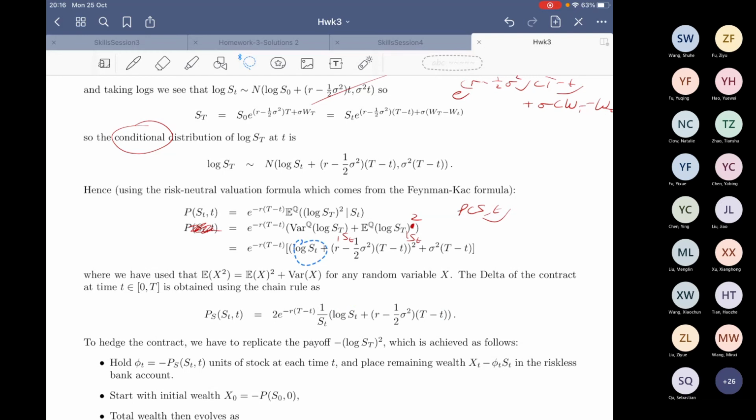The only dependence on S_t on the inside is the natural log of S_t, and the derivative of log of S_t is 1 over S_t, so that's where that's coming from. The 2 there is like differentiating x squared, which of course is 2x. But there's also a contribution from the chain rule, which is the derivative of what's inside this bracket with respect to S_t, which gives rise to this additional 1 over S_t term.